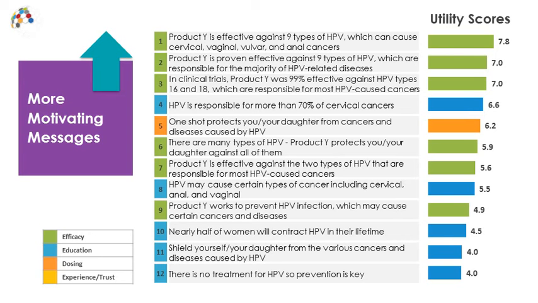We tend to see that efficacy jumps to the top, whereas some of the other supporting education, dosing, experience, etc., tends to be a little bit more in the middle range. One thing that we noticed is that parents tended to prioritize some of the education attributes a little less than the young adult women themselves.